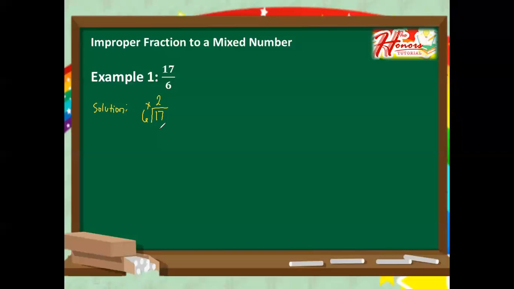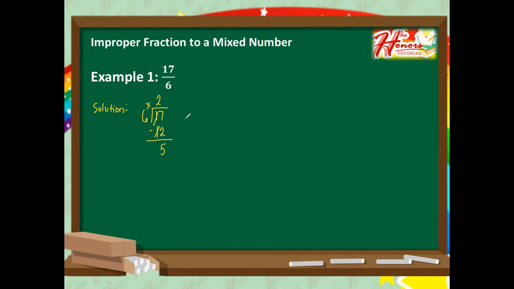2 times 6, that is 12. Let's subtract. 7 minus 2, that's 5. 1 minus 1 is 0. It is your option if you want to write 0 here or not, or you can just cancel this out because it is 0.